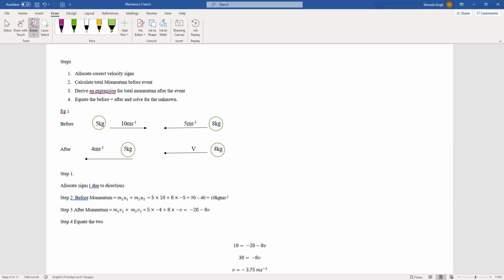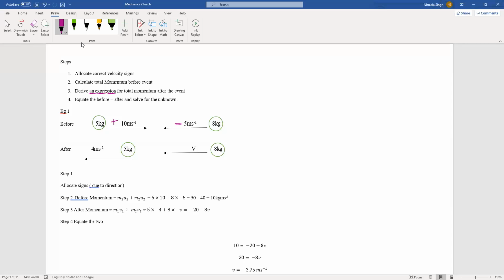The very first thing you do is put signs for your velocity. So we're going to put plus and minus signs for our velocities. The 10 meters per second is going from left to right. Is that positive or negative velocity? Positive. The 8-kilogram object is going from right to left. Is that positive or negative? Negative, good.